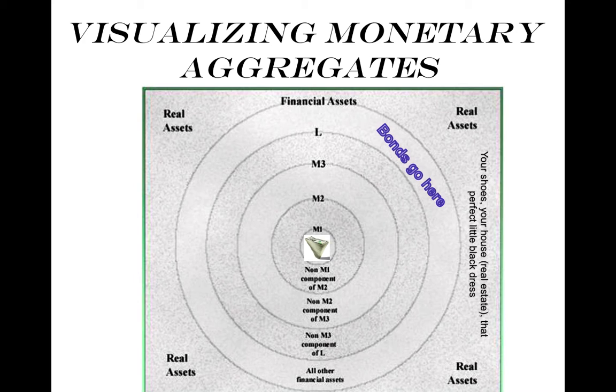I've put those in dark blue or purple there. Bonds go here to help you remember the first important thing about bonds, which is that bonds are not money. Bonds are not money. That's thing one about bonds. What are the other two important things we'll need to know about bonds? Second, you should know what they are. They're pieces of paper that represent debt.